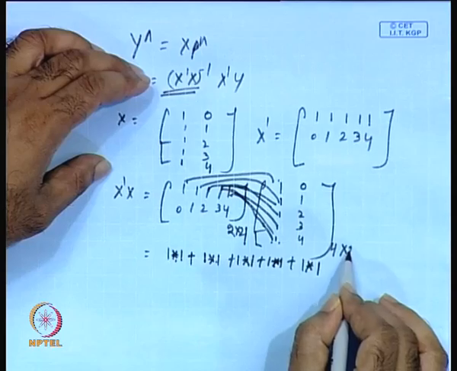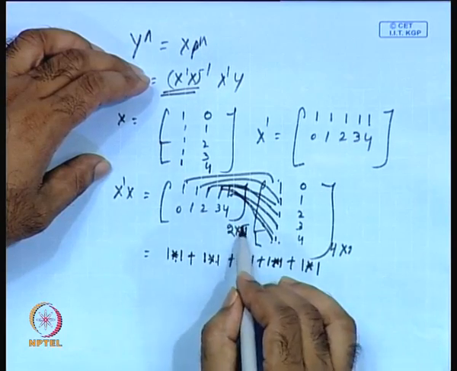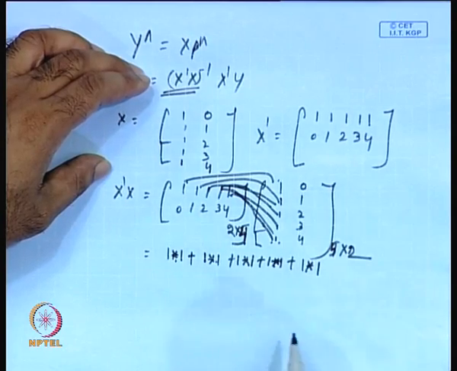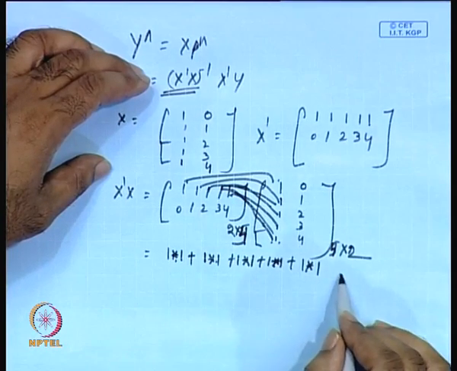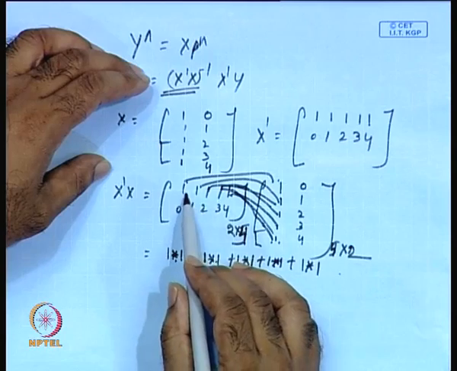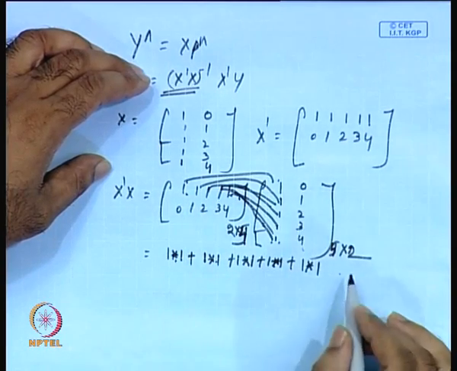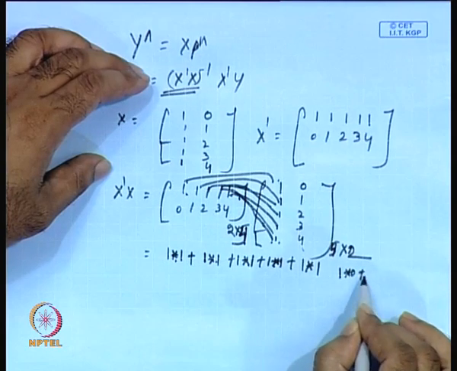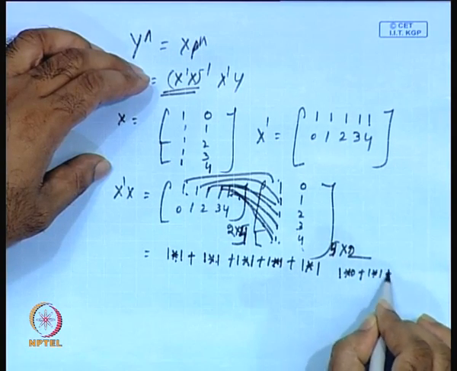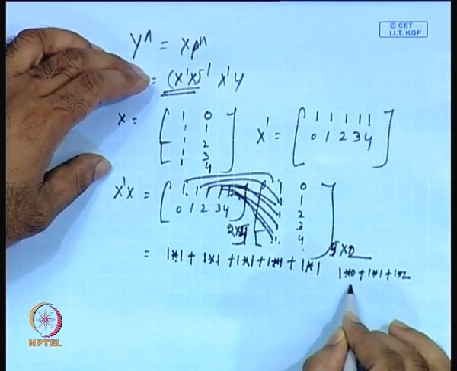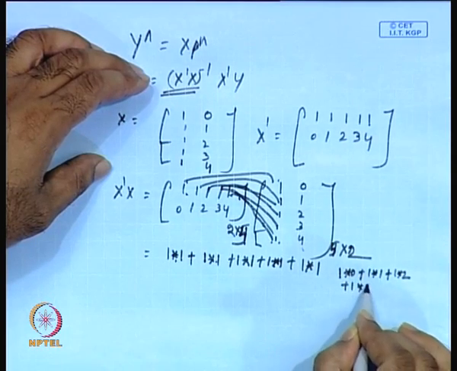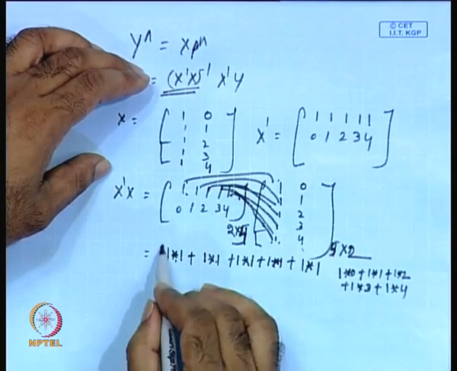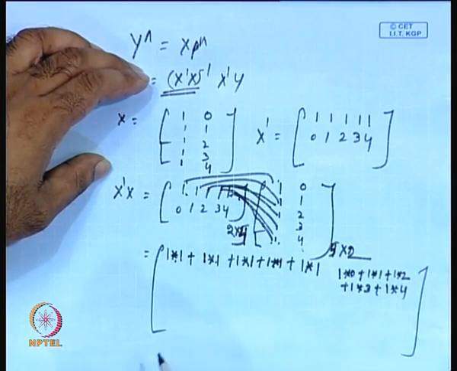So that means 1 into 0 plus 1 into 1 plus 1 into 2 plus 1 into 3 plus 1 into 4. This is how you get it.